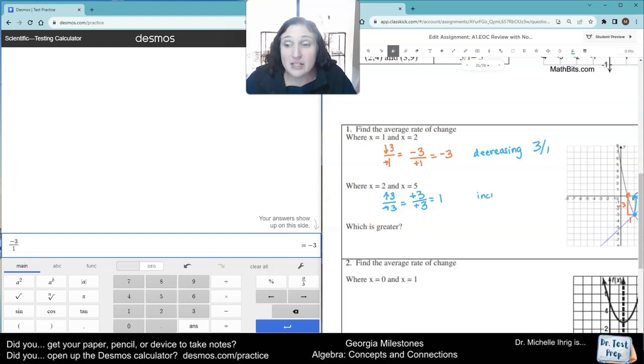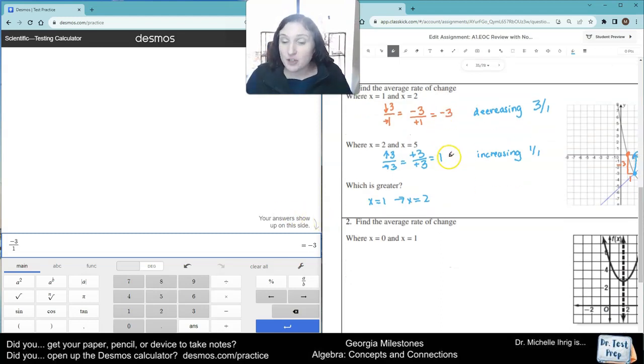This is increasing at a rate, because it's positive, of 1 over 1. So which actually has the greater rate of change? X equals 1 to x equals 2 has the greater rate of change, because even though it's decreasing, it's decreasing fast. And so that has a greater rate of change.